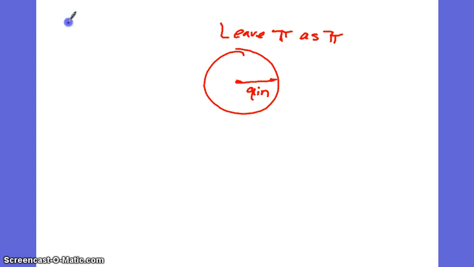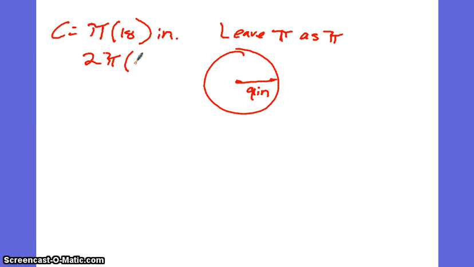So we're going to take circumference equals pi times the diameter, which in this case is 18 inches. And we'll stop there. Now remember the other formula? 2 pi r, 9 inches.